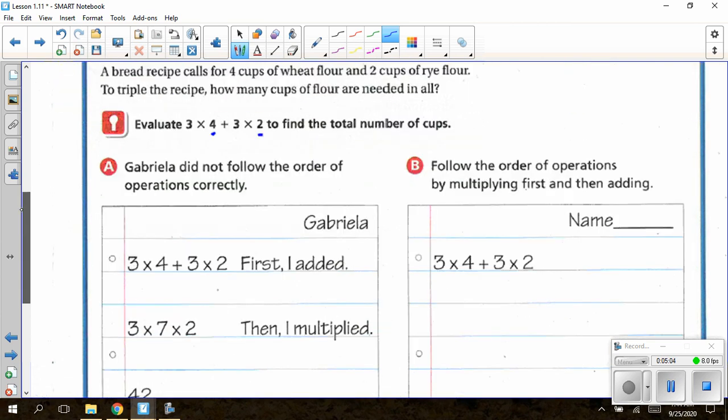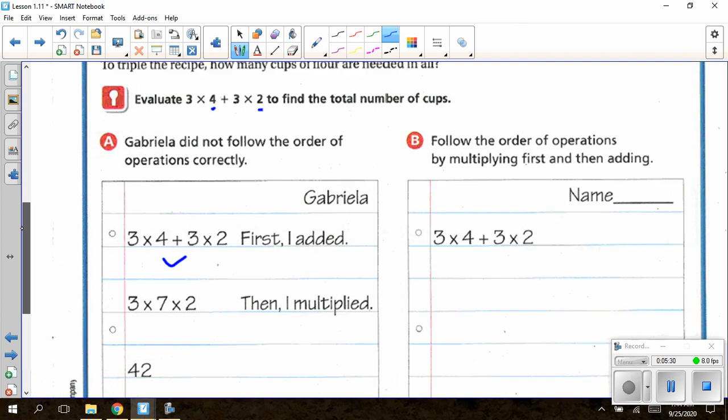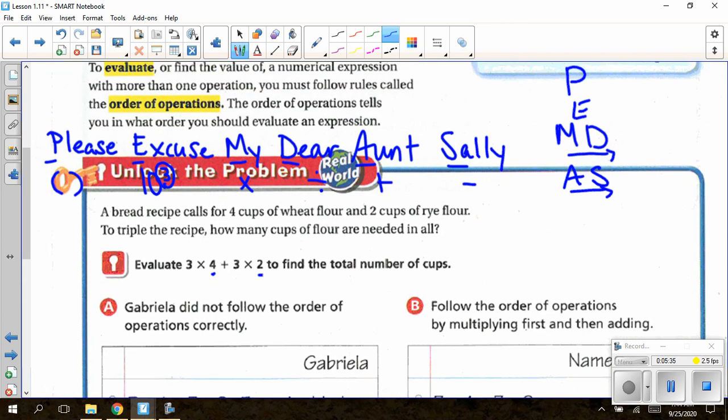On the left underneath A, it says Gabriella did not follow the order of operations correctly. As you can see, she added her 4 plus 3 together first. When she did her 4 plus 3, she got 7, and then she multiplied the numbers together, 3 times 7 times 2. According to our order of operations with PEMDAS or please excuse my dear Aunt Sally, we would have to multiply before we can add.